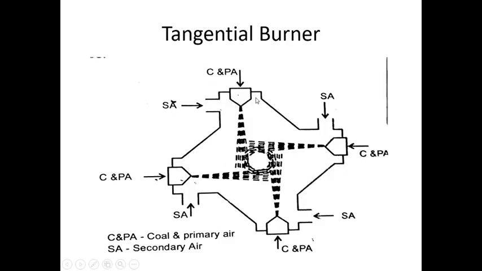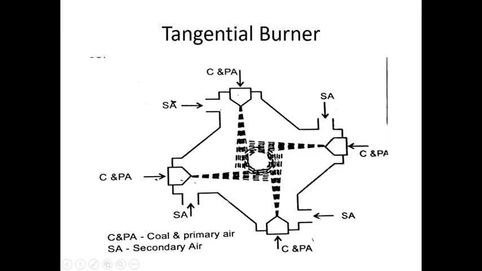The tangential burner is like this. C plus PA means coal, meaning pulverized coal, and primary air. This will be supplied from four sides, and you can see here that it makes a right angle on all four sides. At different directions, they will ensure that the flame or the spray creates a swirl in the middle, like this.